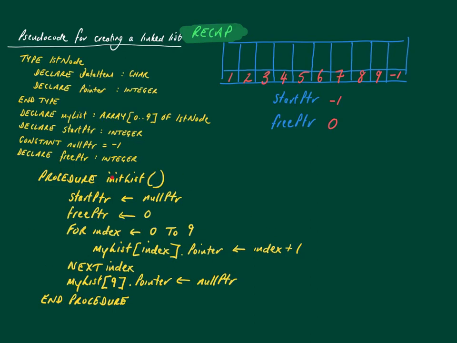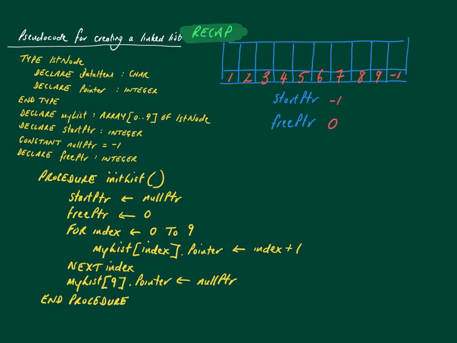The initializing procedure basically sets up the start pointer to be the null pointer. In this case, because we have a one-dimensional array starting at the 0 element, we can't use 0, so we use -1, something that will never occur as an index in our array. Then we set the free pointer to the first array index that is empty. In this case it's 0, because the initial element in the array is currently empty.